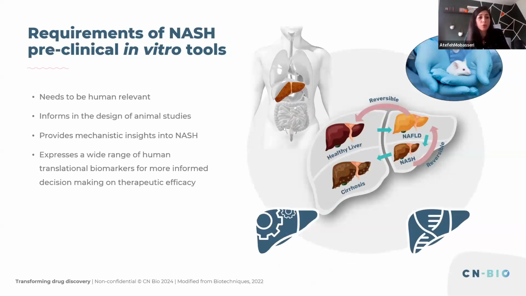So the main requirement for a NASH preclinical in vitro tool is, first of all, improved human relevancy. We need a better way to design the animal studies, and also a better understanding of the mechanistic insight into NASH.